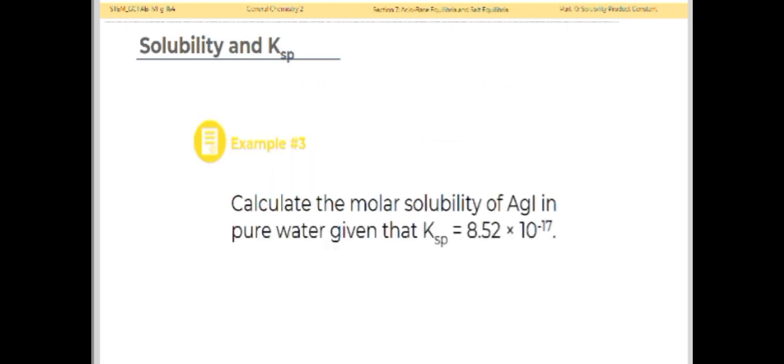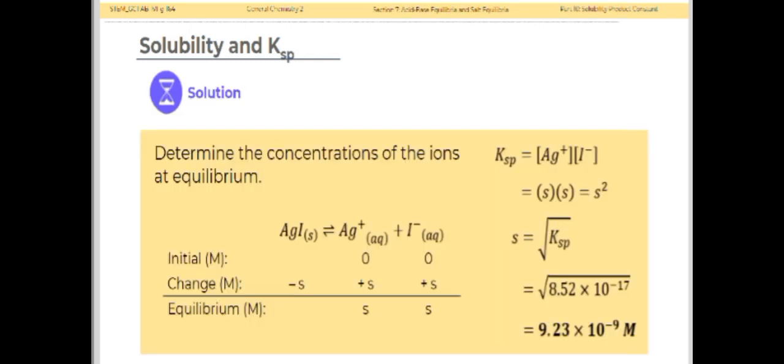So, example number 3. Calculate the molar solubility of silver iodide in pure water given that Ksp is equal to 8.52 times 10 raised to negative 17. So, the solution.